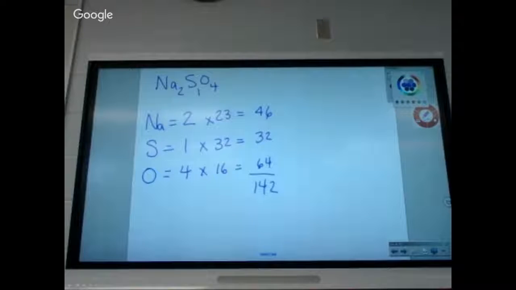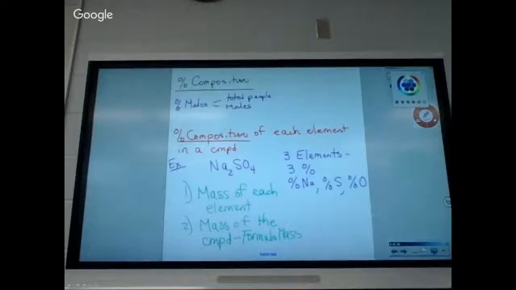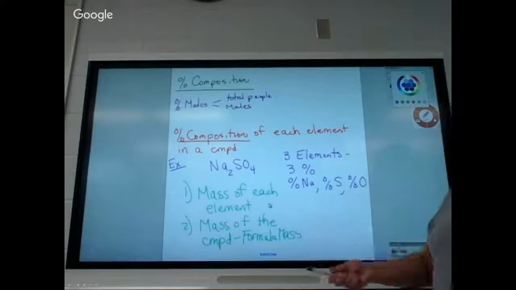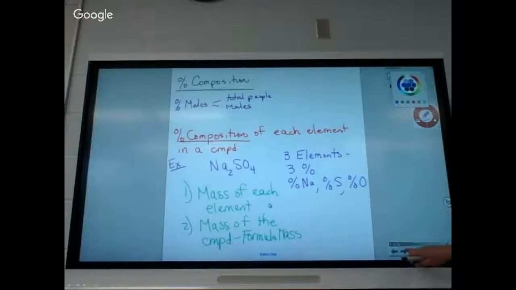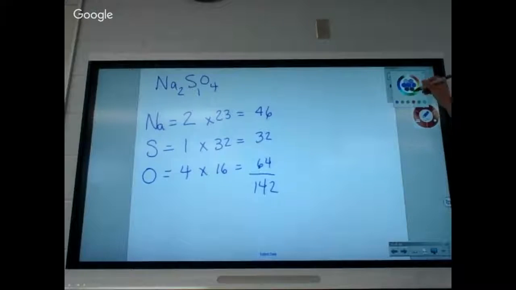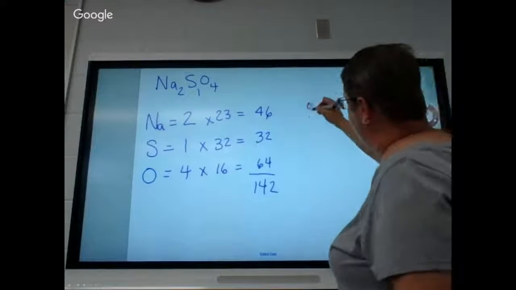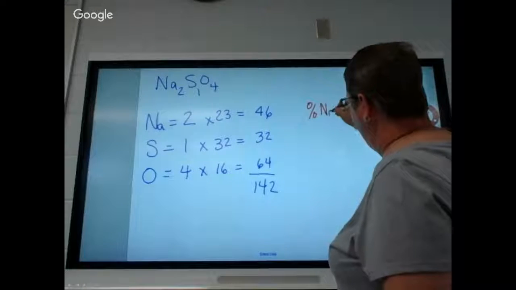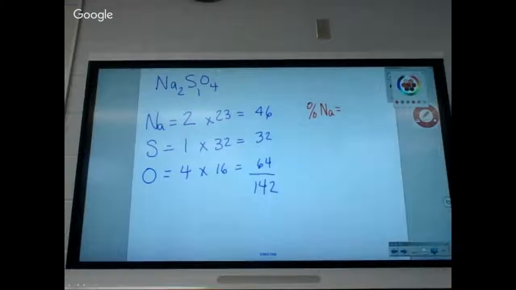So, if we want to find the percent sodium, based on what you just told me, you said I needed the mass of the element and the mass of the compound. Okay? So percent sodium. What mass do I use for sodium?